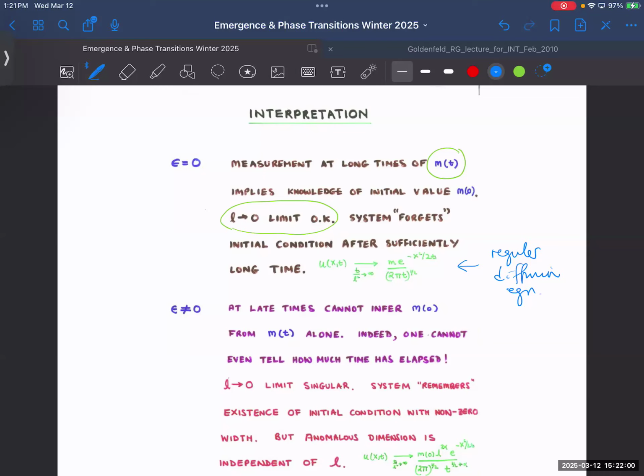The system remembers the existence of the initial condition with a non-zero width. And the anomalous dimension that I get, the 2 alpha, alpha was epsilon over the square root of 2 pi e plus higher order terms that you can calculate. So the anomalous dimension depends on epsilon, but it doesn't depend on L. But the reason that you have a non-zero anomalous dimension is because the system has scale interference.